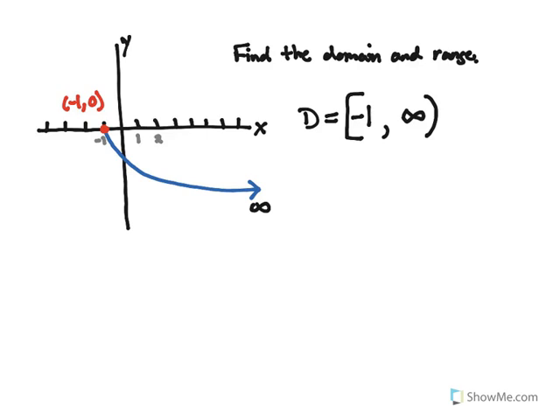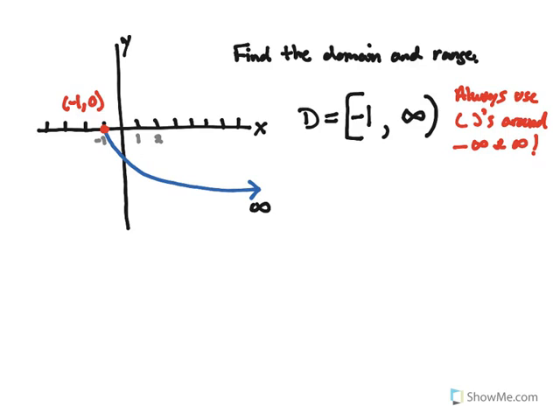So, as a little tidbit, you always use parentheses around negative infinity and positive infinity. All right? And if we're including a value, then we use a bracket. If we don't include a value, then we use a parenthesis, okay?